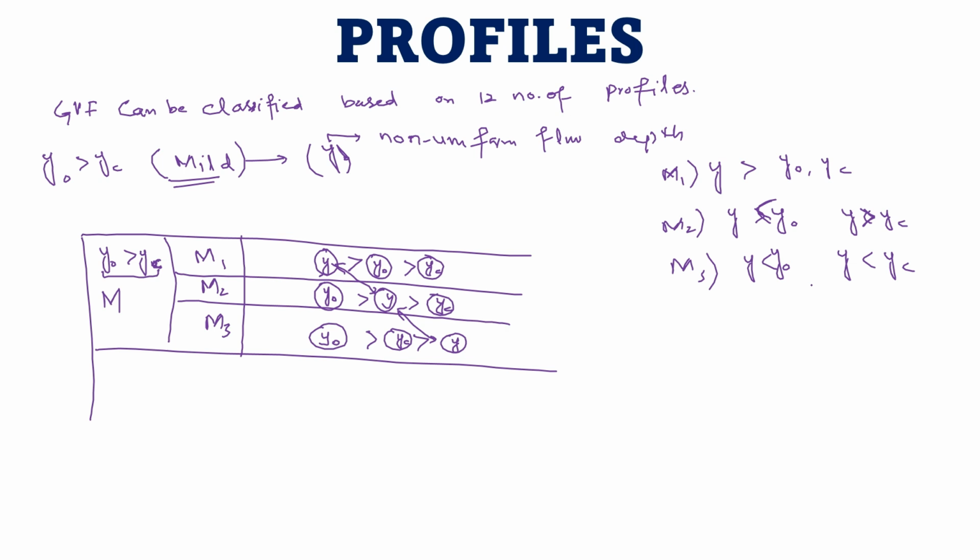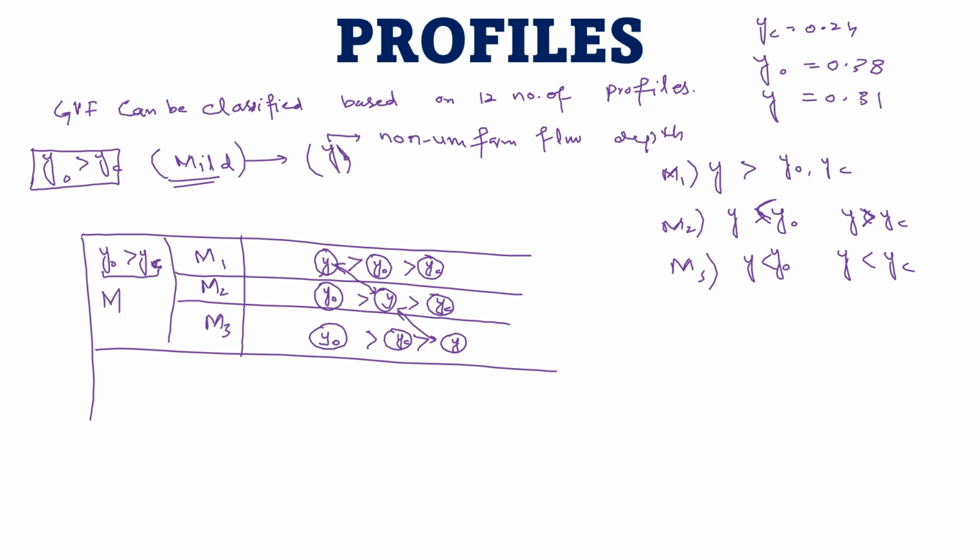So these are the three conditions which will decide the type of profile for gradually varied flow. If the non-uniform flow depth Y is greater than Y naught and YC, remember the first condition, that Y naught will be greater than YC for a mild slope. This is the first condition to be satisfied. Then we will compare the values. Let us say we have a value of YC equal to 0.24, Y naught equal to 0.38, and Y equal to 0.31.